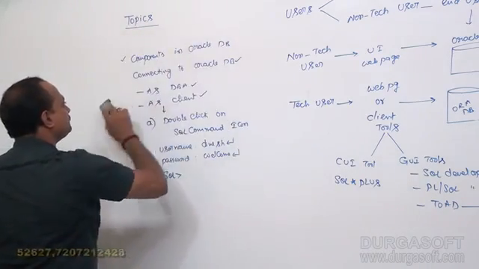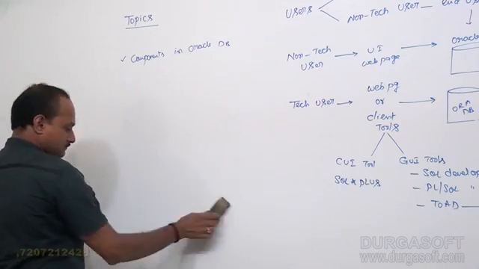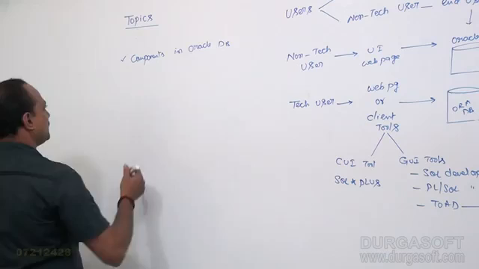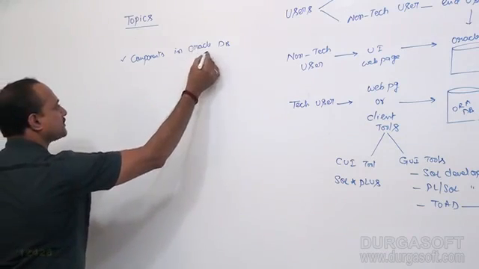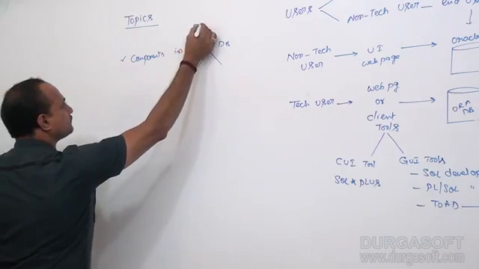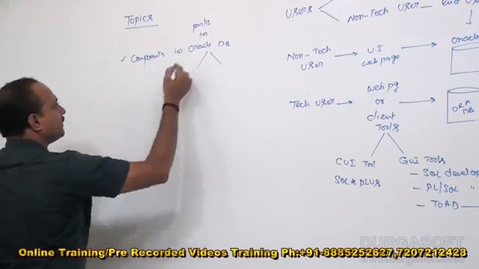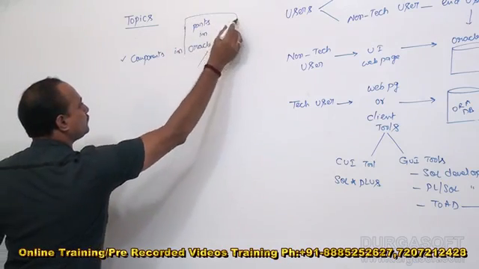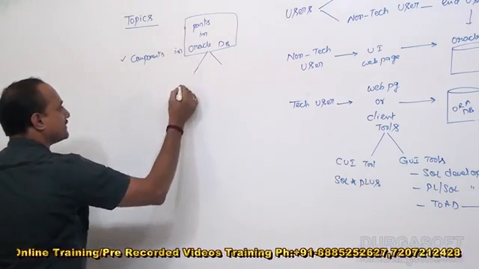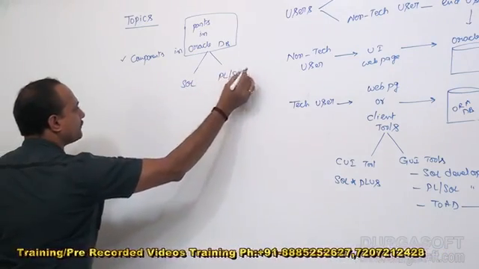Now see, what are the Oracle components? The Oracle database has two parts: the SQL part and the PL SQL part.